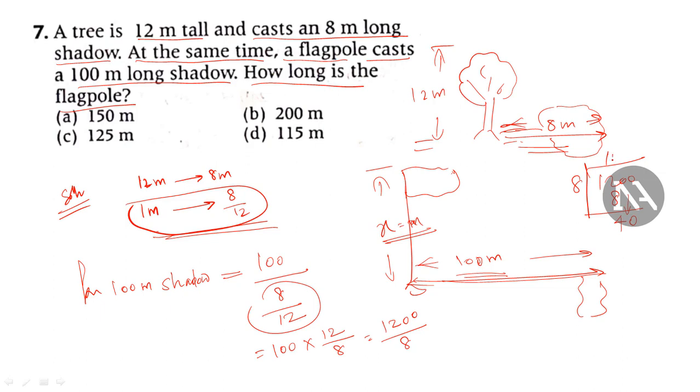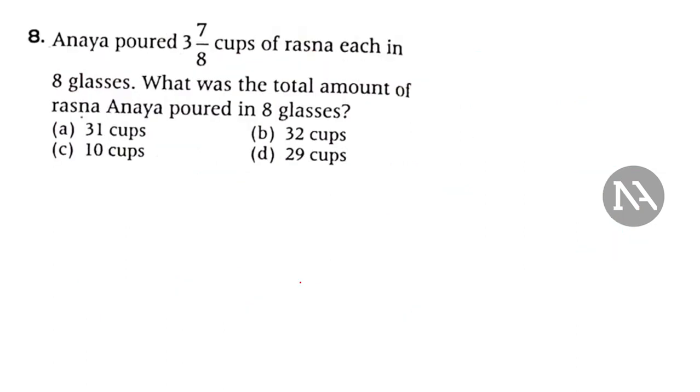So 5 8s are 40. Then you can take the 0 here. So it will be 150 meter. The flagpole height will be, the x value will be 150 meter, right?